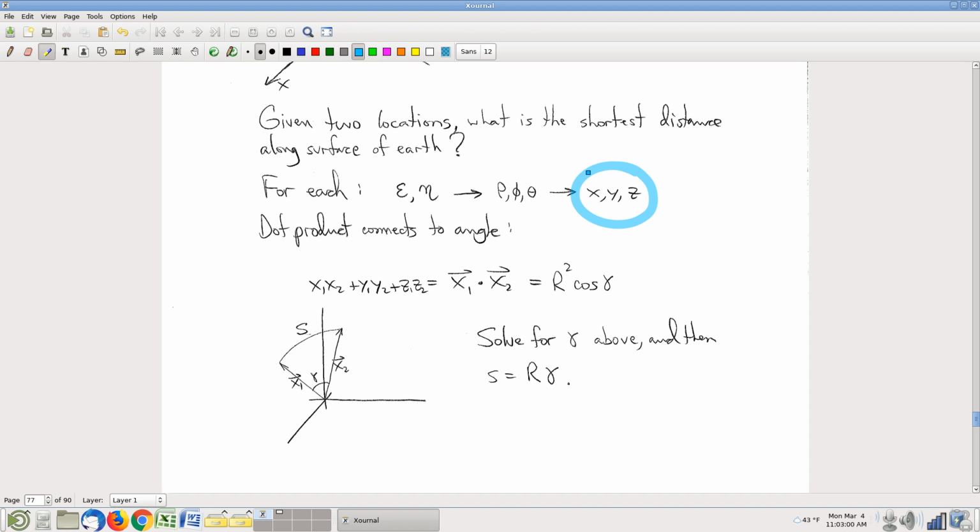So think of these points that you have. Longitude and latitude gives you spherical. Spherical gives you rectangular. Think of these points as having locations with rectangular coordinates. Once you know rectangular coordinates, you know how to compute dot products. That's easy. Dot products in rectangular coordinates, no sweat.